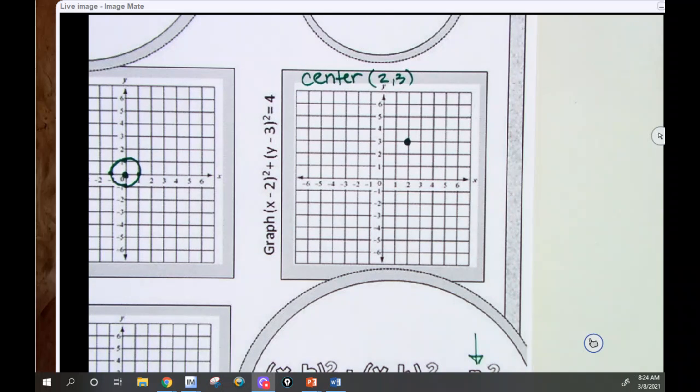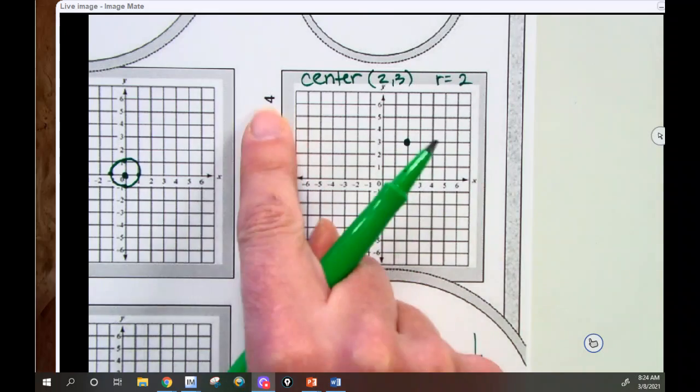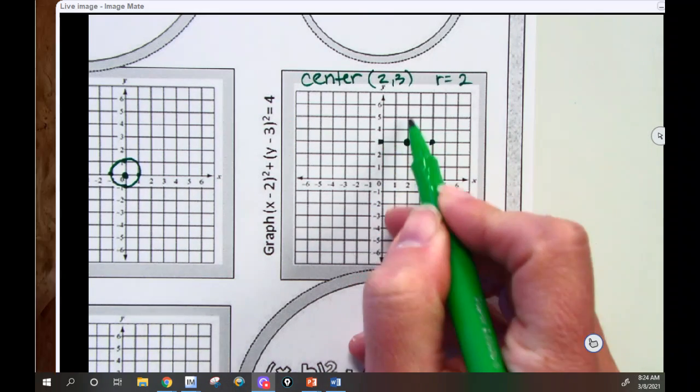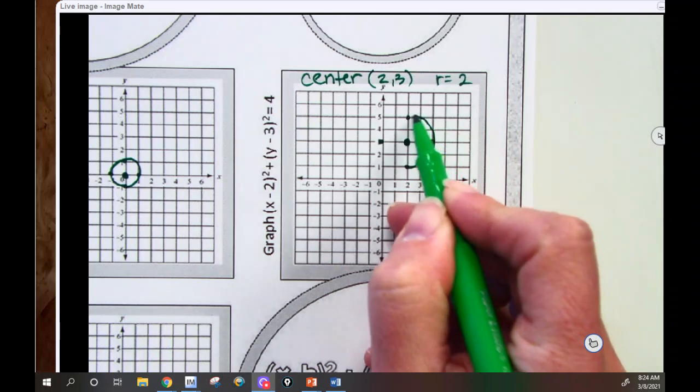And how long is my radius? 4. Square root. Oh. Remember, that's our r squared. And those are the little tricks, the opposites and remembering that we need to take the square root. So our radius is square root 4, which is 2. So same thing, right, left, top, bottom, freehand that thing in.